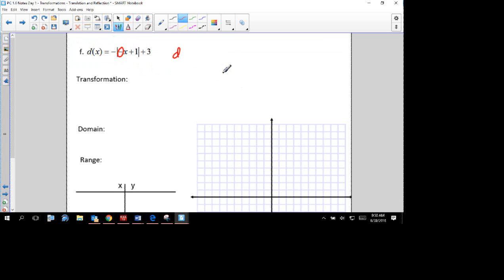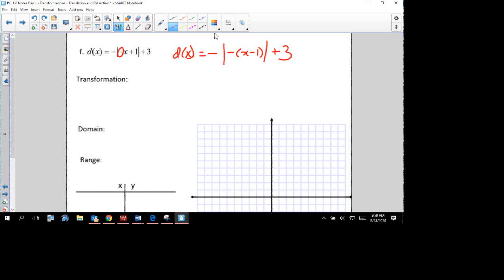So it's going to be d of x equals negative absolute value of negative parenthesis x minus 1 close parenthesis, absolute value plus 30. So you got to factor that out if there's a number in front of the x other than 1.